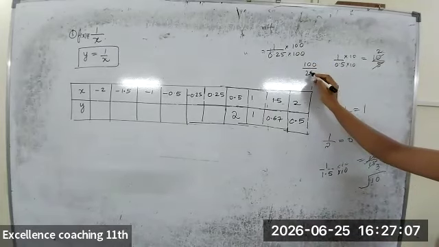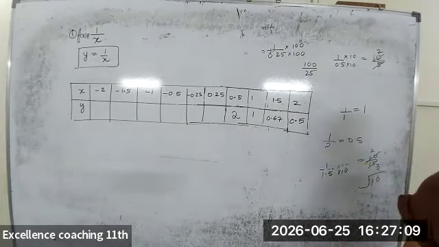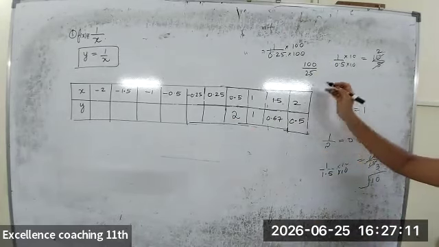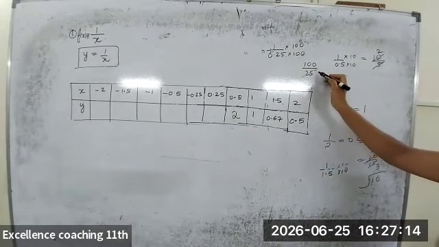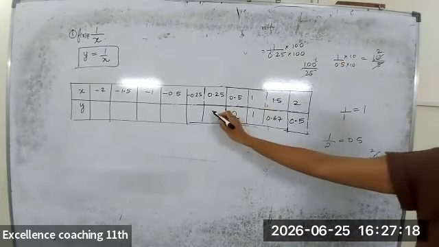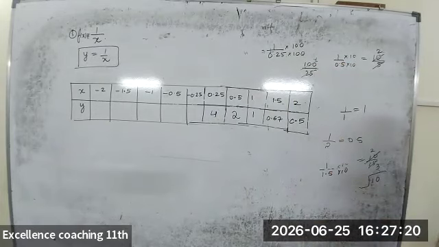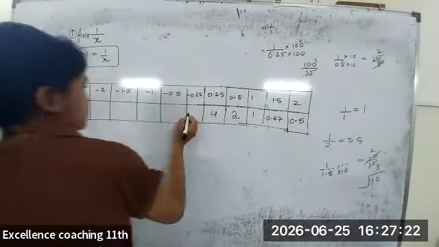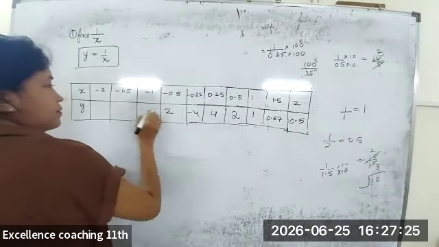However you do, that is not a problem. The answer should be correct, whichever method you are comfortable with. Now the same values you put in negatives and start plotting.